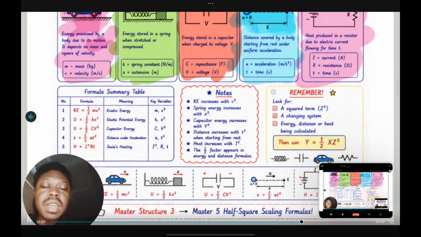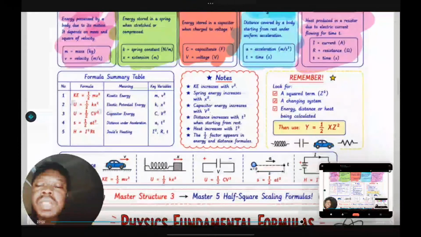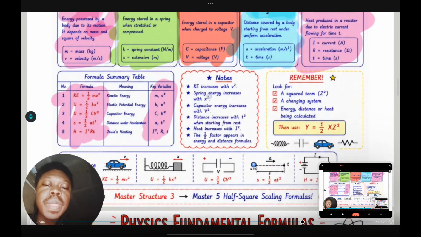I hope you are learning from this. So please take note of this table, take note of the SI units given to you, take note of these simple explanations, and then remember that you look for a squared term, a changing system, energy, the distance or the heat being calculated, and you have the structure y equals half xz squared.